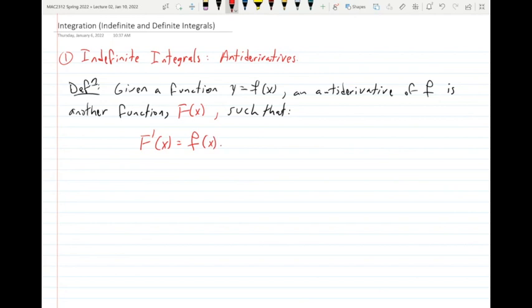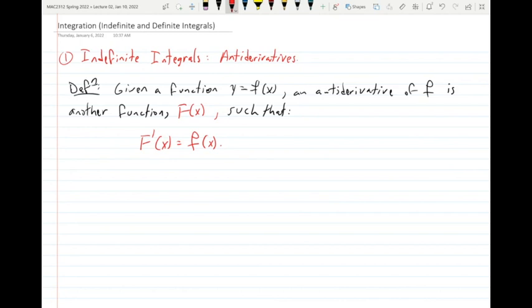Okay, so that's what it means to be an antiderivative, and this is like a game that we're going to be playing. I'm going to give you a function, and then I will ask you to find another function whose derivative is the one that I gave, right? So that's what indefinite integrals are about.